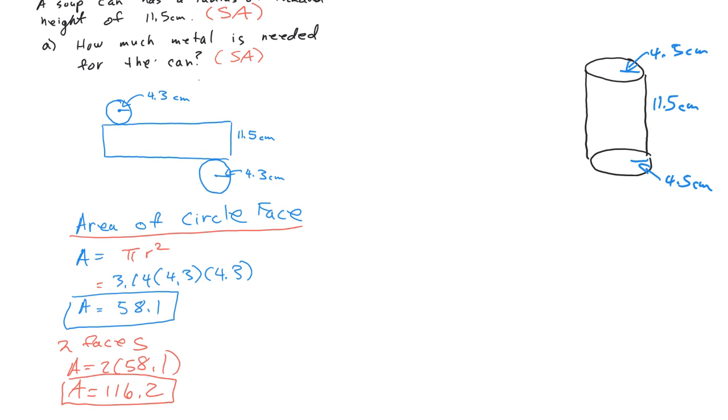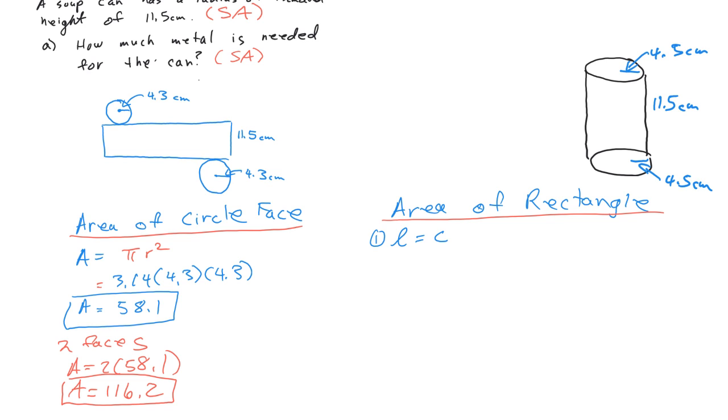So now let's go and calculate the area of the rectangle. You have to recognize for the rectangle that the length of this rectangle here is actually the circumference of this circle.